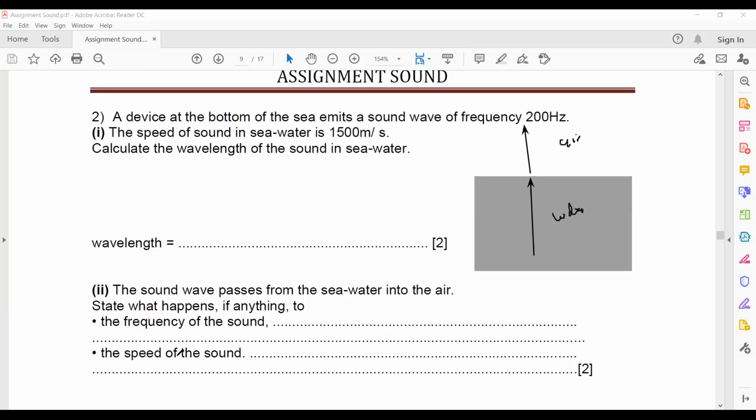The question is, state what happened, if anything, to the frequency. Frequency will not change. And what happened to speed? The speed will decrease.